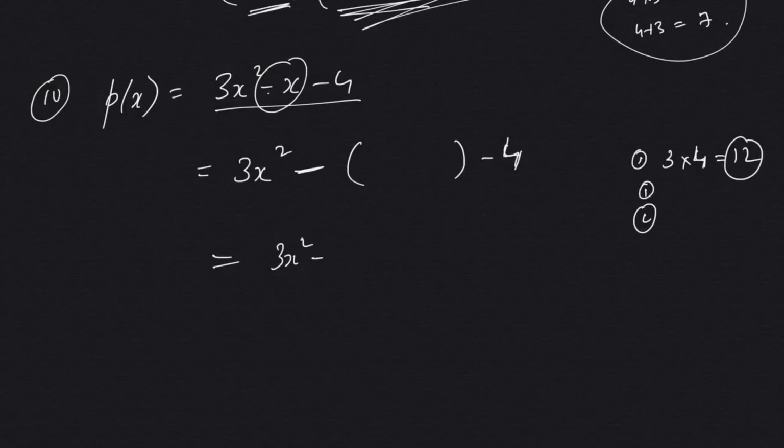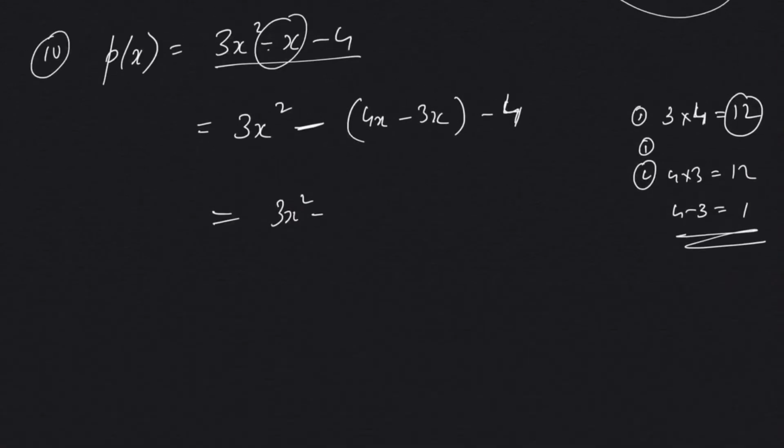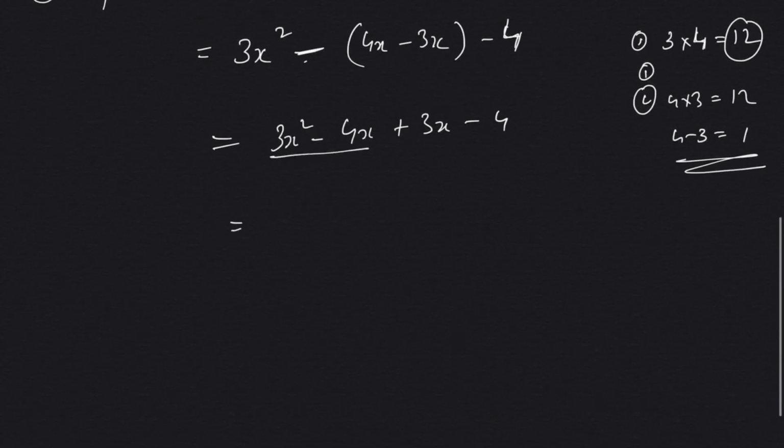The second step is to find the factors so that we get 1, because the middle term is 1x. Again, forget about the negative sign, we have already used it here. We know that 4 threes are 12, and 4 minus 3 is again 1. So we have our factors, that is 4x minus 3x, which is 1x. Now once this step is done, we will just remove the bracket: 3x square minus 4x plus 3x minus 4.